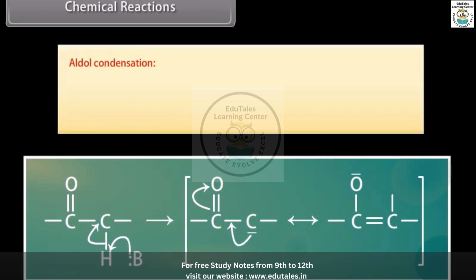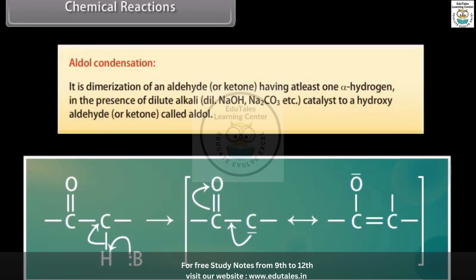Aldol condensation. It is dimerization of an aldehyde or ketone having at least one alpha hydrogen in the presence of dilute alkali such as dilute sodium hydroxide, sodium carbonate, etc., catalyst to a hydroxyaldehyde or ketone called aldol.